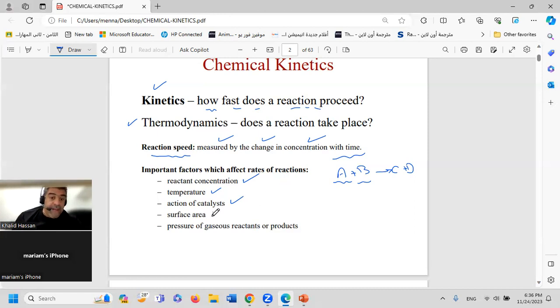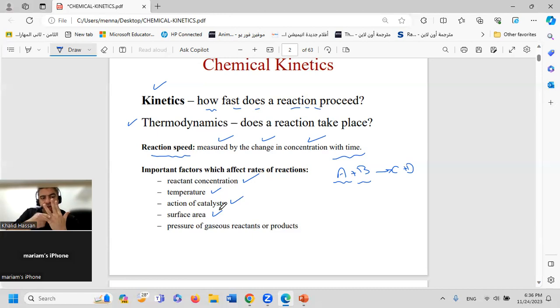Okay, the surface area. Look at me. When you make a chemical reaction, the reaction always happens at the surface of your reactant. Imagine this is a reactant. If you grind it or break it apart, it will be like that.